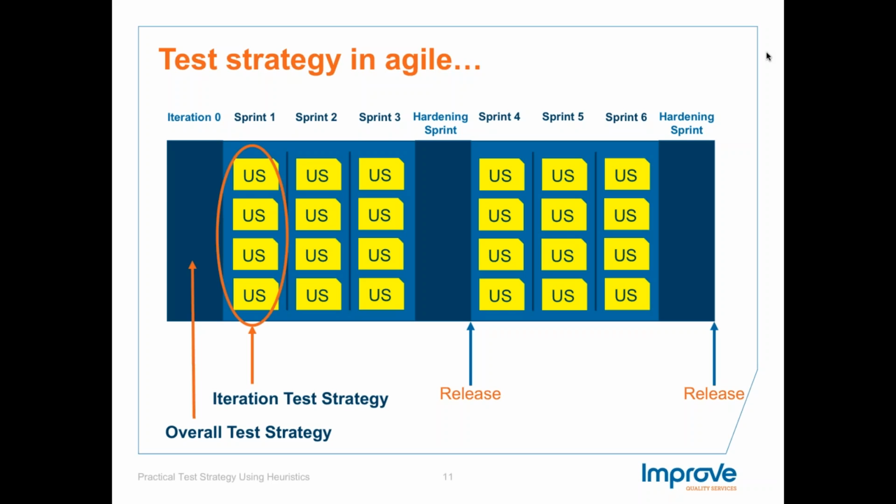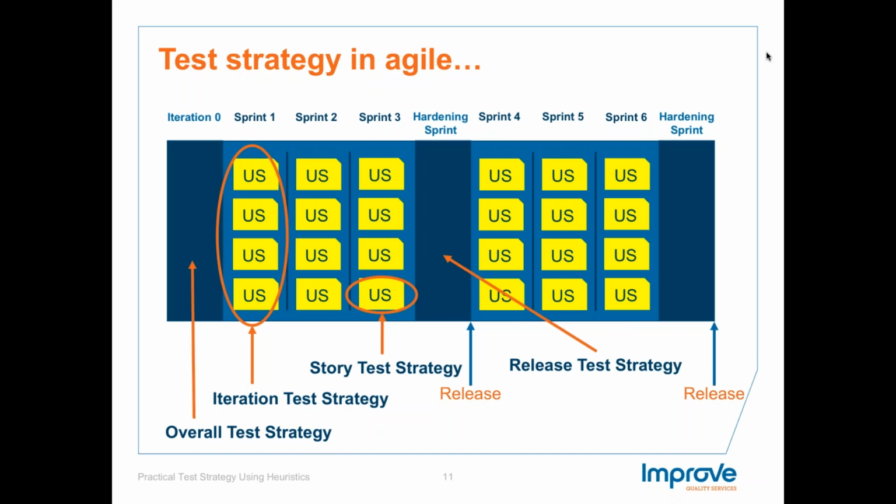But we also want to think about, how are we going to test this iteration? All these user stories, how do they mix together? So you might want to think about that as well. Or maybe a test strategy for a story. A set of ideas that guide my testing while testing this story. Or a release strategy. Or maybe a regression strategy or an automation strategy.